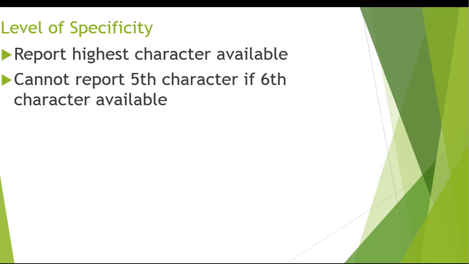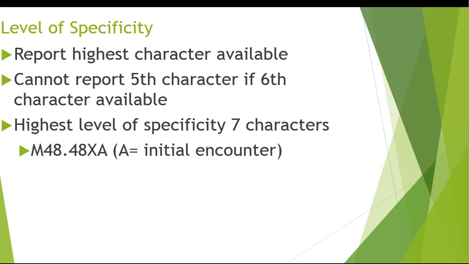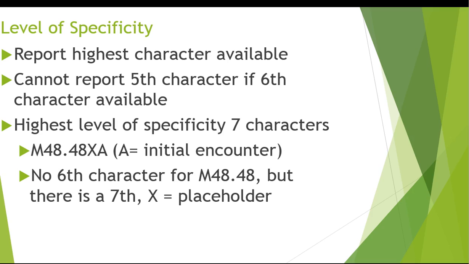The level of specificity. The level of specificity is actually the detail in coding, and those details are very important. You have to report the highest number of characters that are available. It can be between 3 and 7 characters.